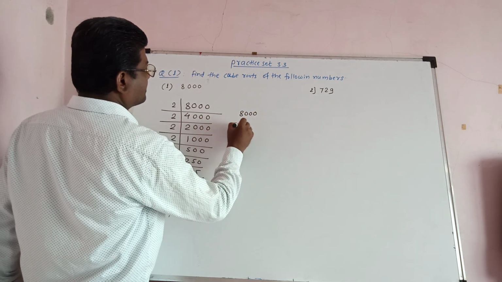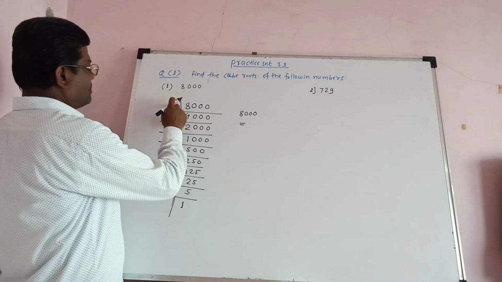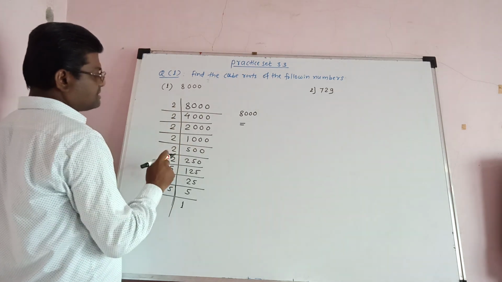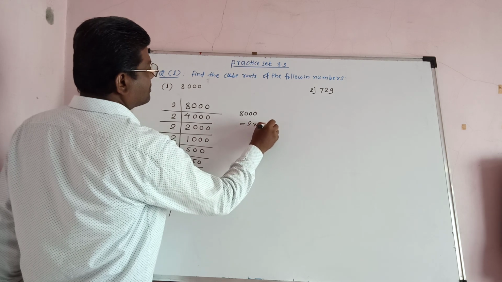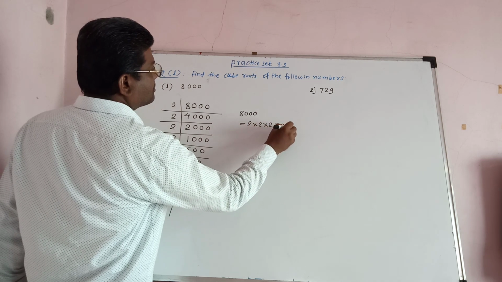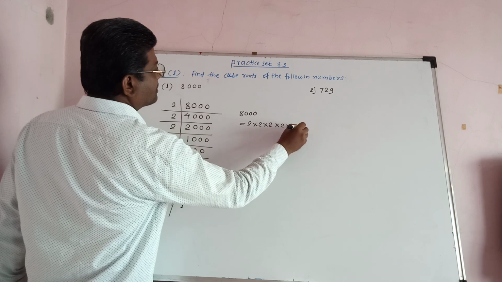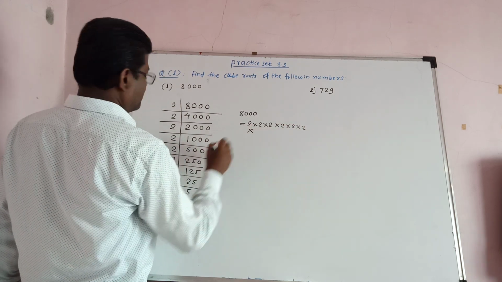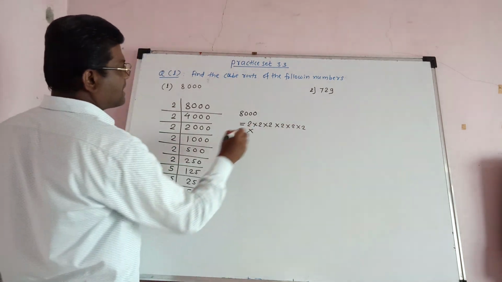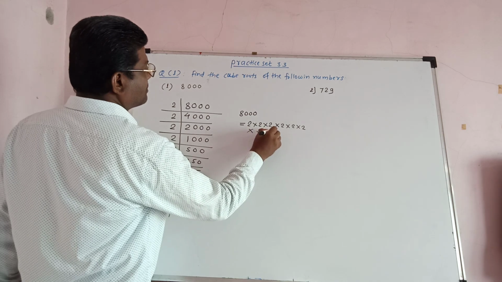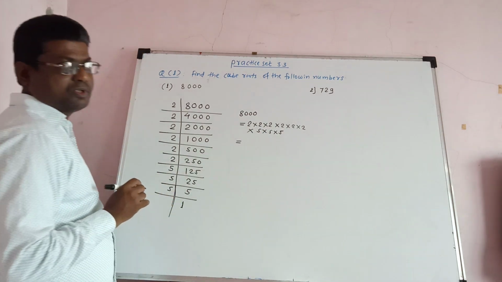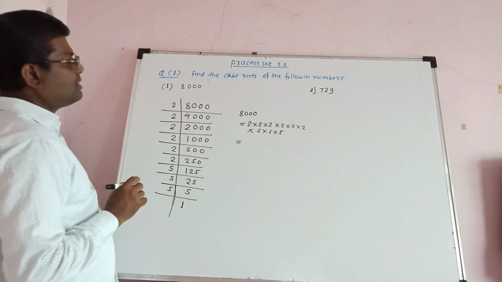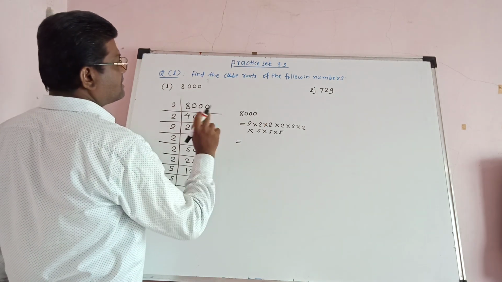So the factors of this 8,000 are 2 into 2 into 2 into 2 into 2 into 2, 6 times, and 5 into 5 into 5, 3 times. Now make groupings of 3 numbers.